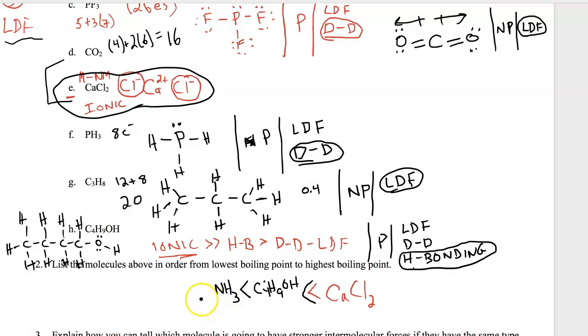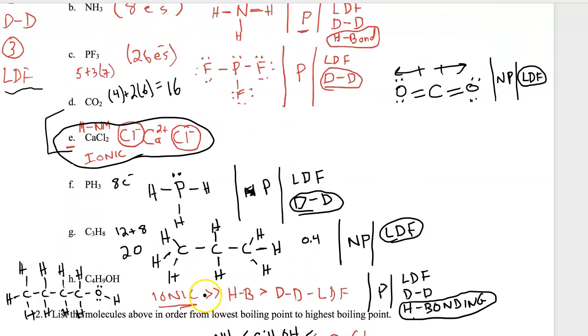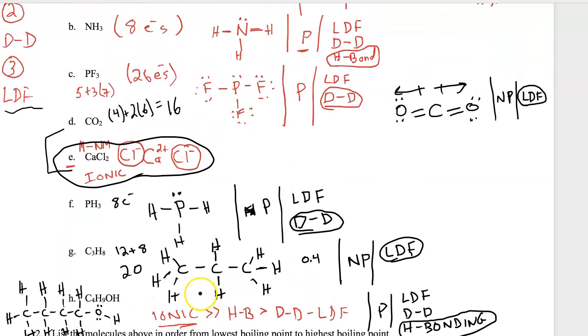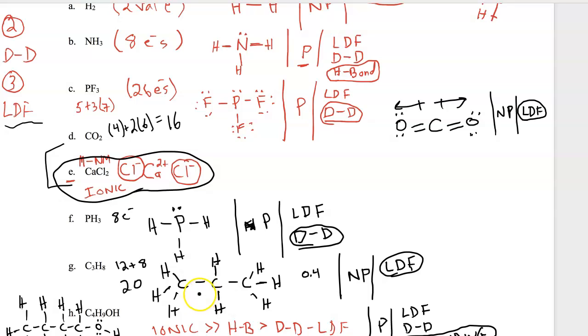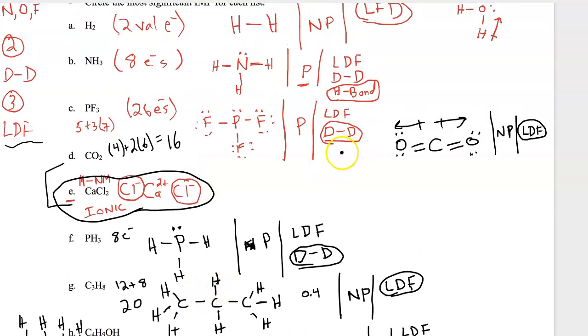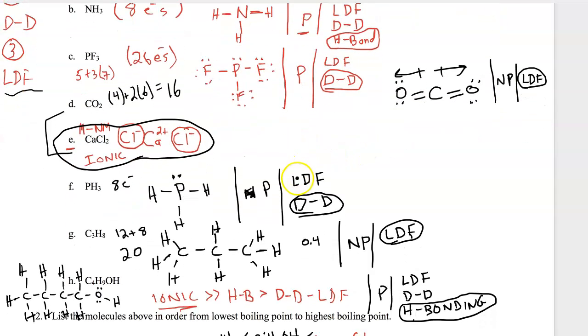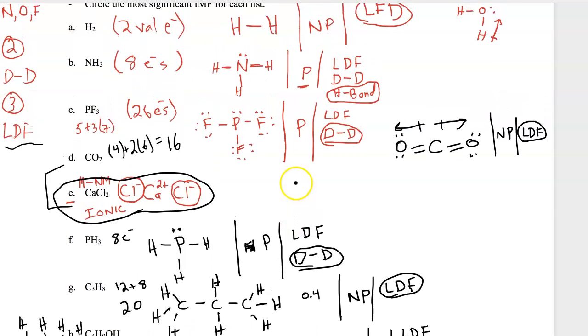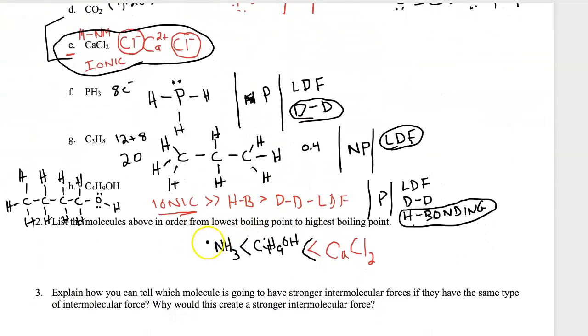And then we have to look at the dipole-dipole molecules. We have PH3, we have CO2, sorry, CO2 is LDF only. PF3 and PH3 are the two. So PF3 is bigger.